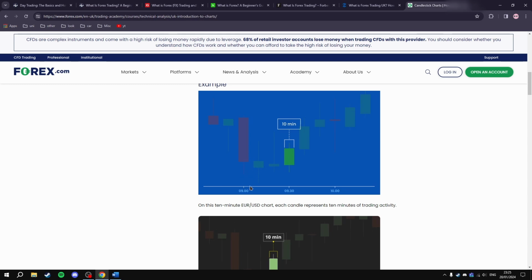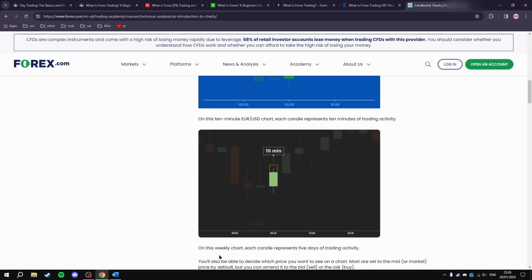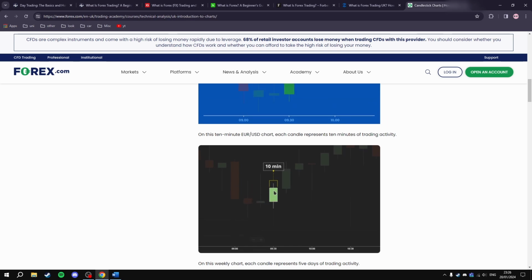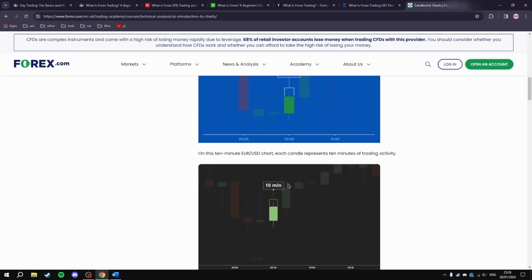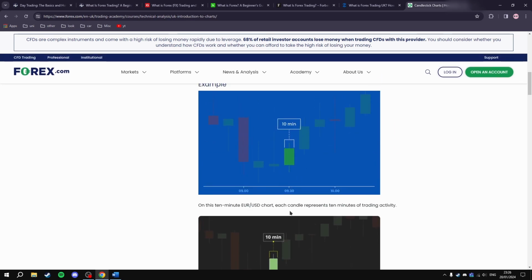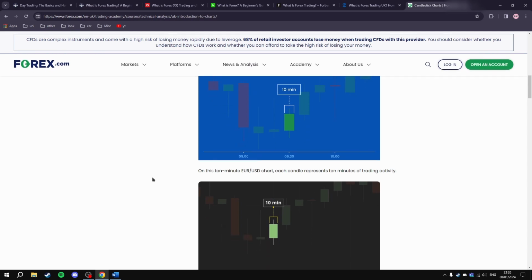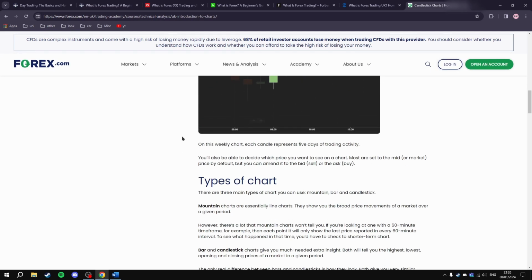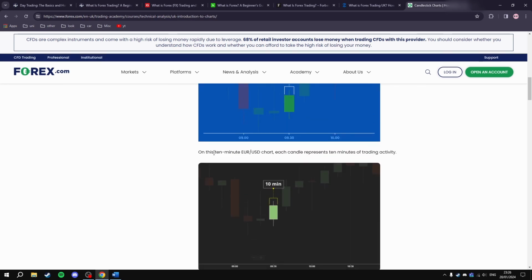So 9, 9, 10, 9, 20, 9, 30. This is the same chart, though. These two. Yeah, I think this is the same chart. They got this wrong, maybe.